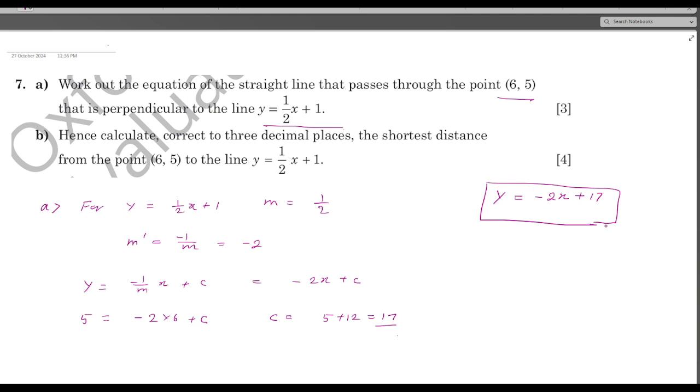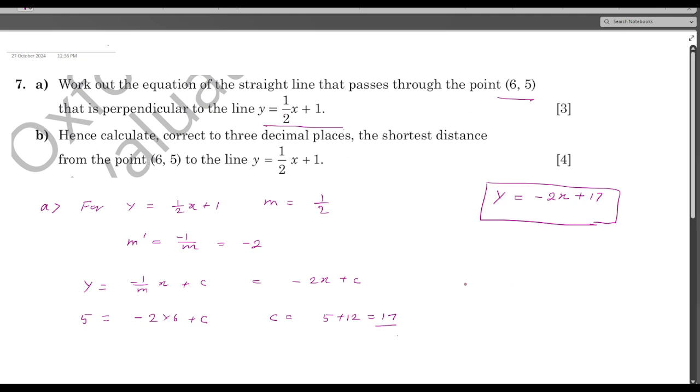Now part B: hence calculate, correct to 3 decimal places, the shortest distance from point (6, 5) to the line y = 1/2 x + 1. For the shortest distance, these two lines which we just discussed are perpendicular.